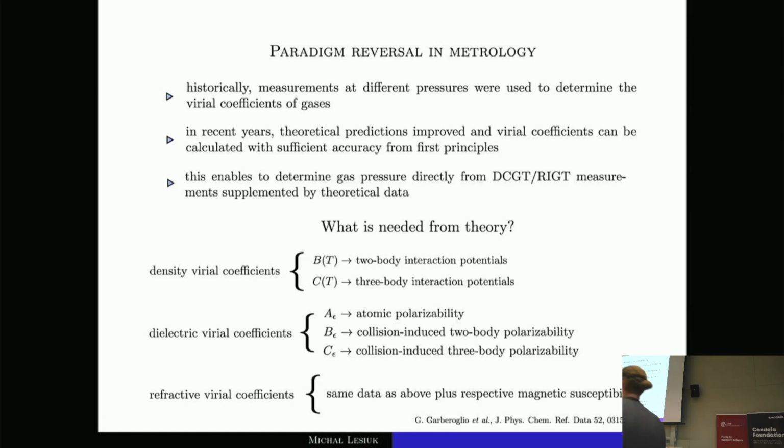If we restrict ourselves to helium, for the second virial coefficient we need the interaction potential for a pair of helium atoms, two helium atoms interacting. For the third virial coefficient, we need a potential for the interaction of three helium atoms simultaneously. You can continue, of course, to four or five, but the effect is smaller and smaller.